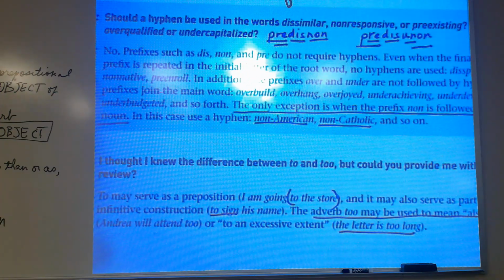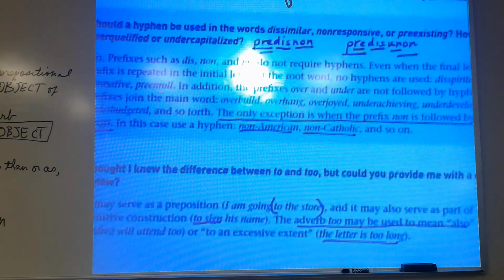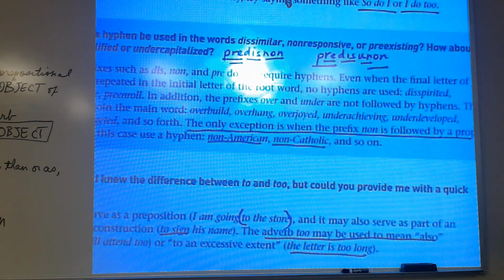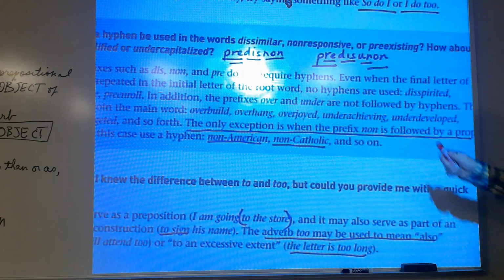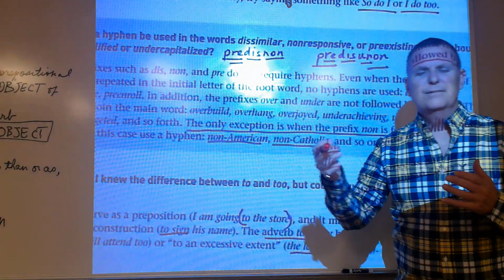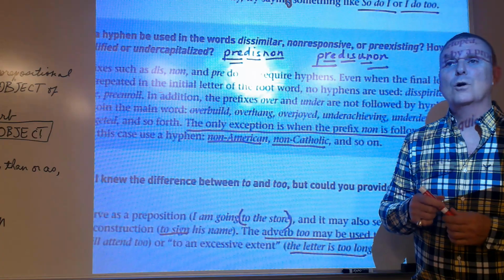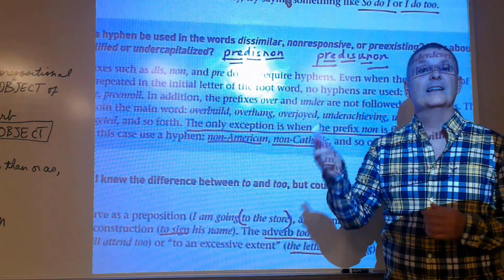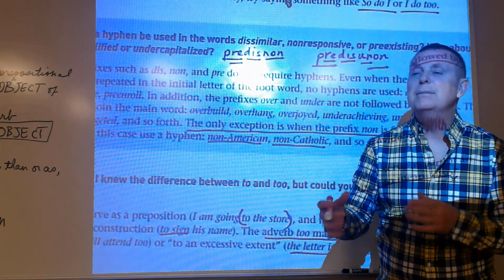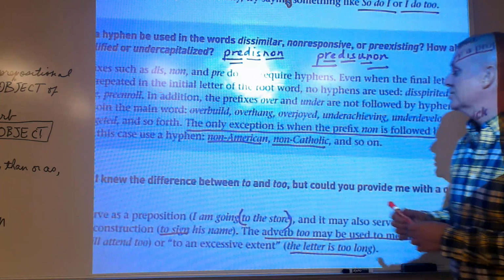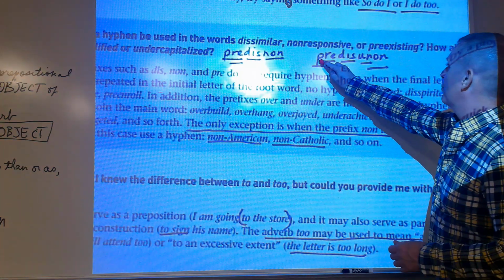Should a hyphen be used in the words dissimilar, non-responsive, pre-existing? By the way, they used to have hyphens, but they're becoming more common. They're trying to remove the hyphenation from a lot of the words. And so I kind of created a little acronym, if you will, to identify words that should no longer be hyphenated unless it would be misconstrued otherwise. So predissonant.